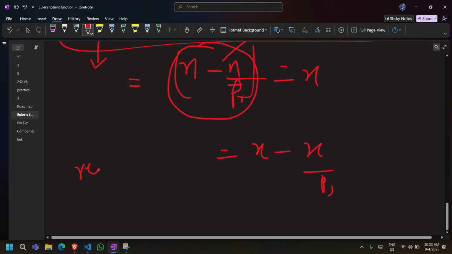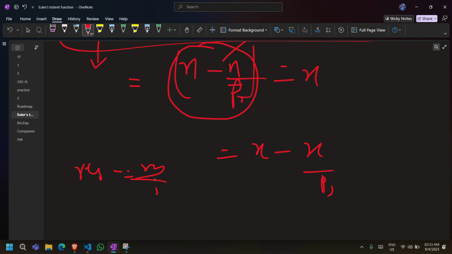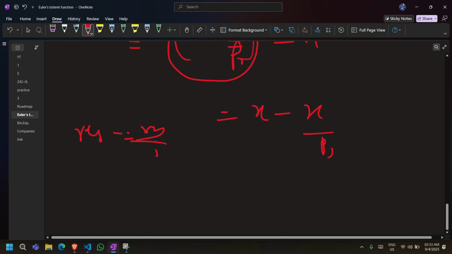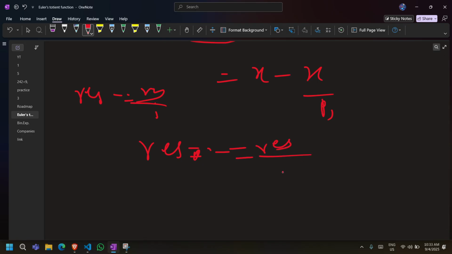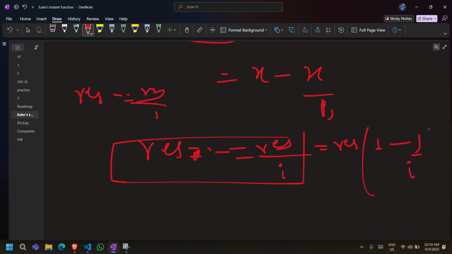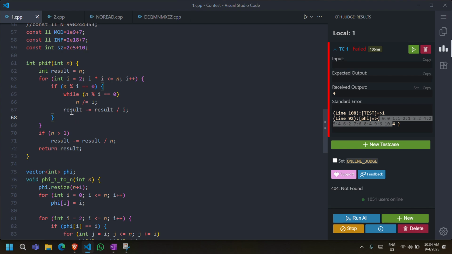That's why we are doing result minus equals result by i. This is basically result multiplied by 1 minus 1 upon i. We can't calculate this directly because it is not an integer, so we have to do result minus equals result by i, and if n is a prime number, then simply result minus equals result by n, and we return the result.